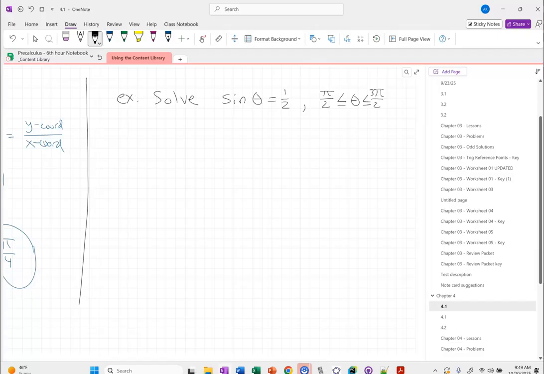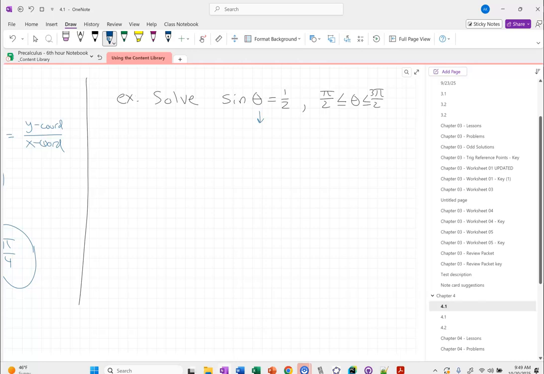So the presentation of this looks pretty similar, right? It says solve for sine theta equal to 1/2, where theta is between pi/2 and 3pi/2. So the first thing I'm going to do is get the theta by itself.